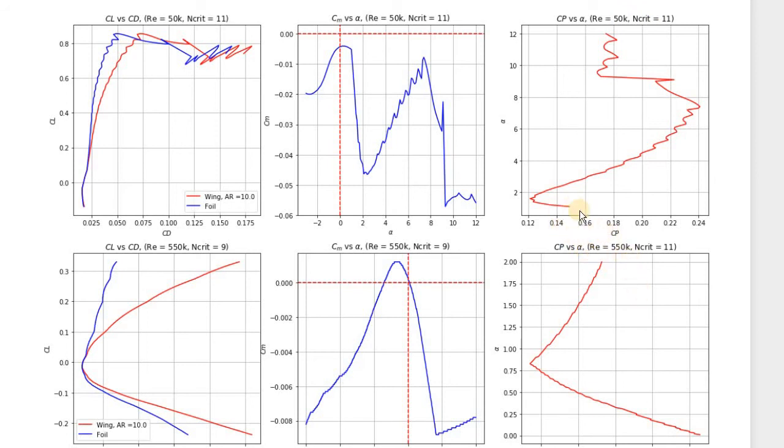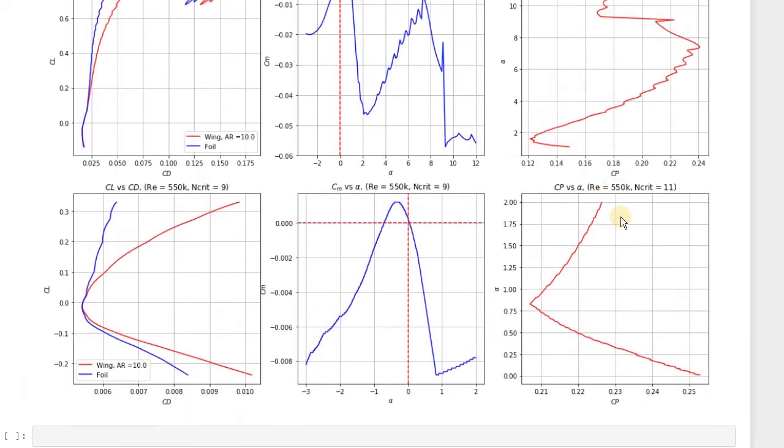At small Reynolds number you are actually flying slowly, so you have high angle of attack. So the behavior in this range is not important. And you have nice behavior starting from 1.5 degrees to maybe 8 degrees. So the center of pressure moves to the tail, and the airfoil is stable at this particular Reynolds number.